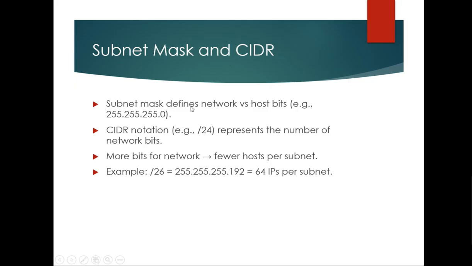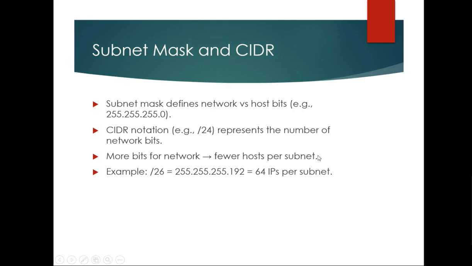Next, subnet mask and CIDR. The subnet mask defines the network versus host bits. For 255.255.255.0, the CIDR notation is /24. Why 24? Because 8, 8, 8: the addition of these 8 bits gives 24. So the notation /24 represents the number of network bits. The more bits in the network, the fewer hosts in the subnet.